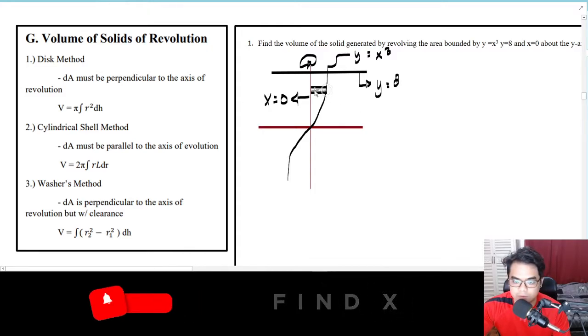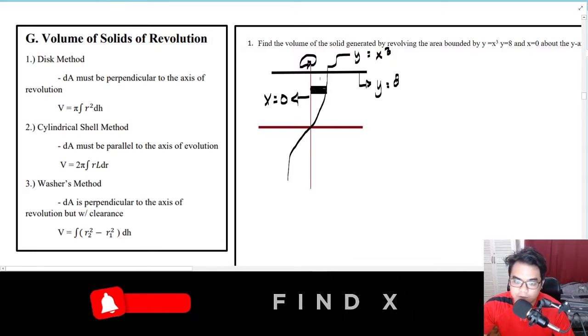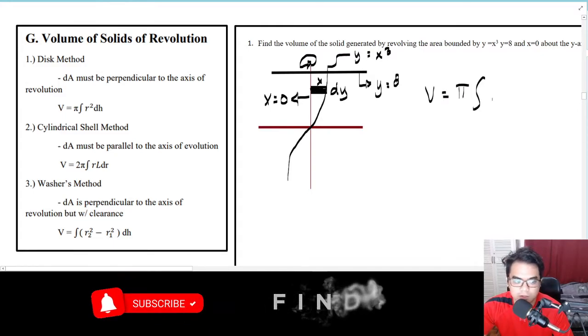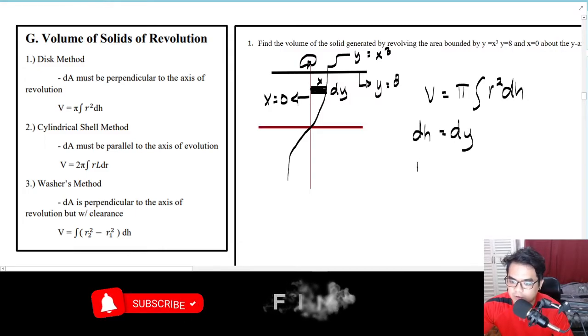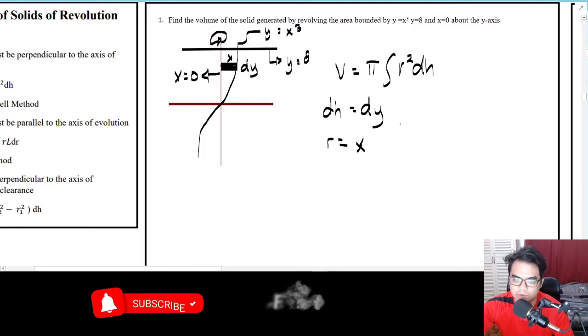Since that is a rectangle, this will be your x, and this will be your dy. Using the formula under this method, you'll have V is equal to pi integral of r squared dh, where your dh will be your dy, and your r will be your x, or the radius of the disk that will be produced if you revolve that area.